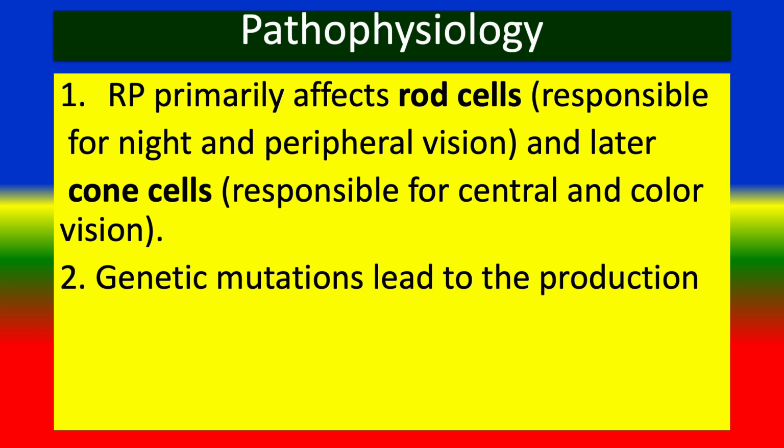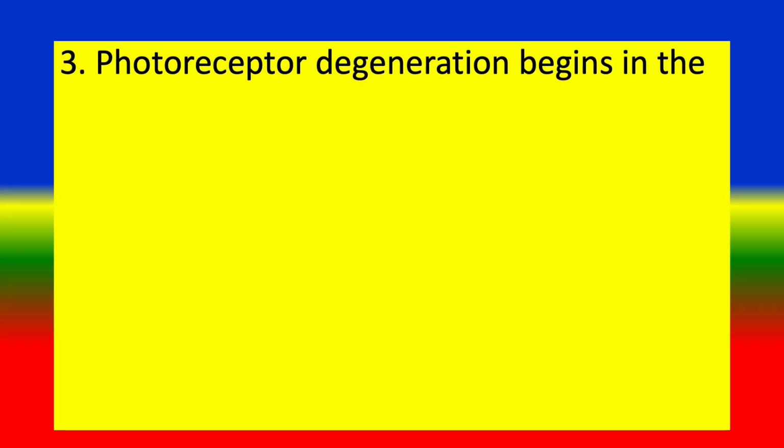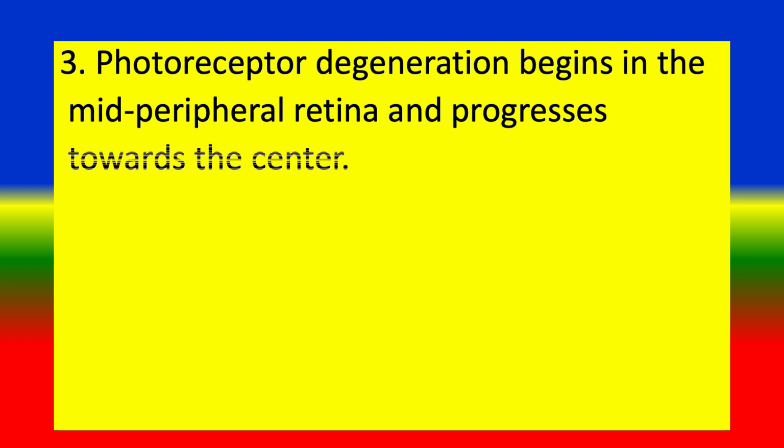Genetic mutations lead to the production of faulty proteins or the absence of essential proteins. 3. Photoreceptor degeneration begins in the mid-peripheral retina and progresses towards the center.